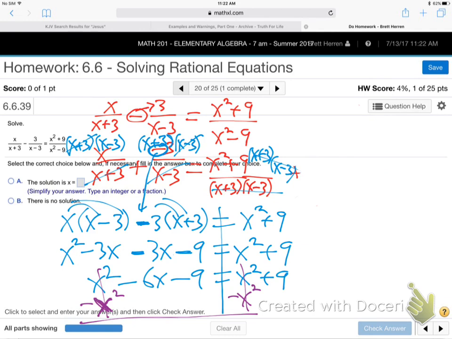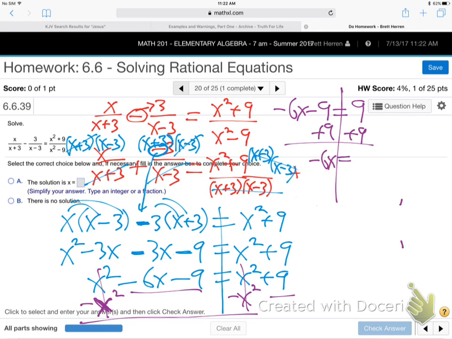So minus 6x minus 9 is 0, not 0, it's 9. Right, minus 6x minus 9 is plus 9. We're almost there, this is a long problem. Add 9 to both sides. Minus 6x is 18. Divide by minus 6, x is minus 3.